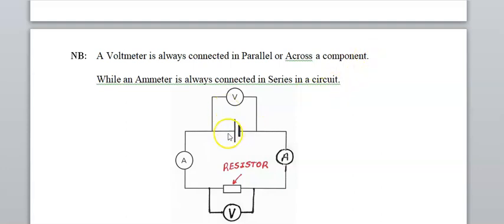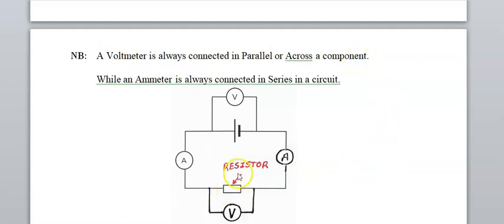For example, if we want to measure the voltage between the ends of this battery, we connect one end of the voltmeter to one end of the battery and the other end of the voltmeter to the other end of the battery. We say this voltmeter is placed in parallel with the battery, or between its ends, or across the battery. So a voltmeter is always connected in parallel with whichever component you wish to measure the voltage of.